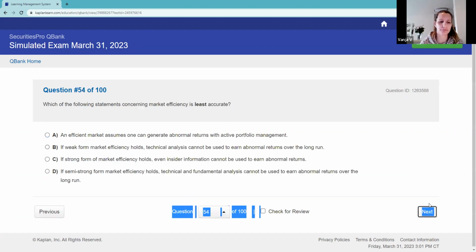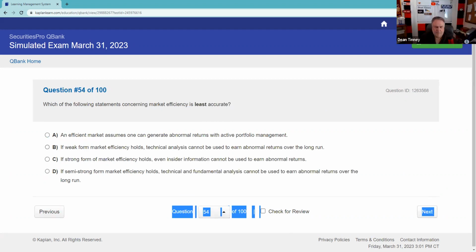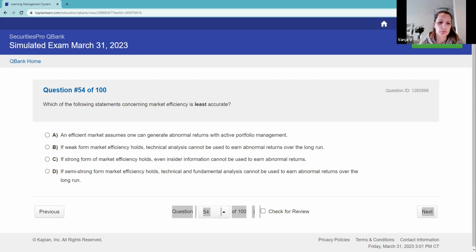Okay, which of the following statements concerning market efficiency is least accurate? Least accurate. An efficient market assumes one can generate abnormal returns with active portfolio management. If weak form market efficiency holds, technical analysis cannot be used to earn abnormal returns over the long run.